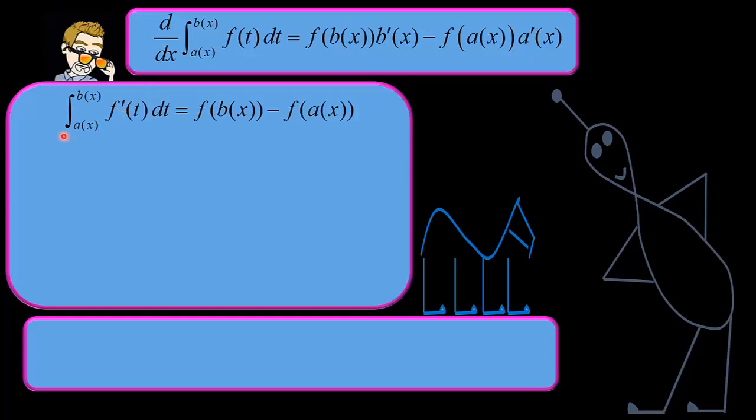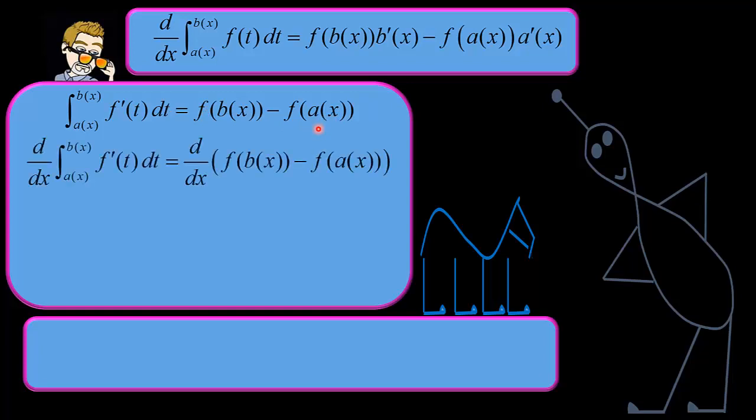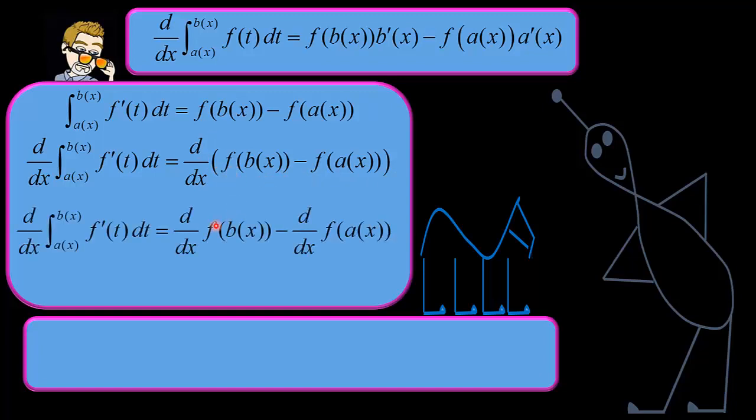So here is the evaluation part of the fundamental theorem, right? So we just plug in, we get the antiderivative, plug in the top limit minus the bottom limit. Now, let's take the derivative, because what we're doing is we're differentiating this integral. Well, if we differentiate, here's what we got, right? Let's continue on. So we've got the derivative of f of b of x minus the derivative of f of a of x.